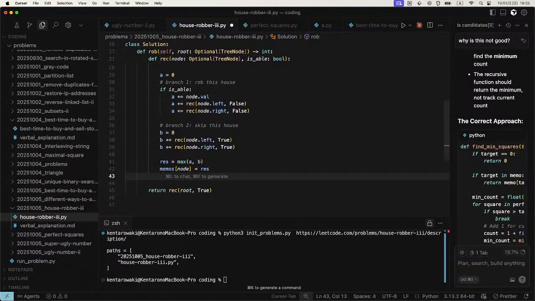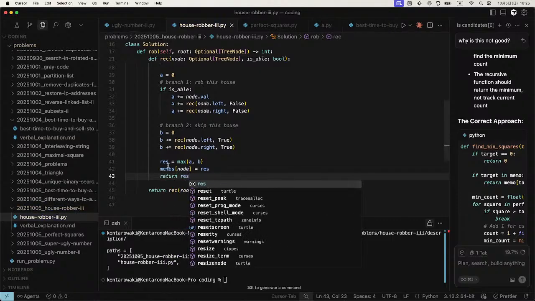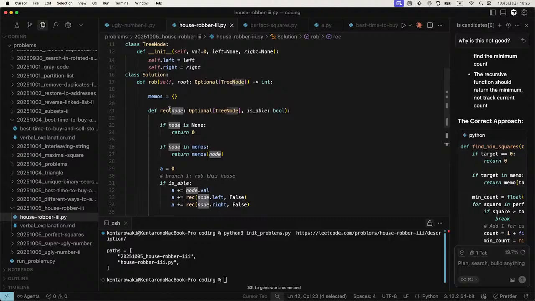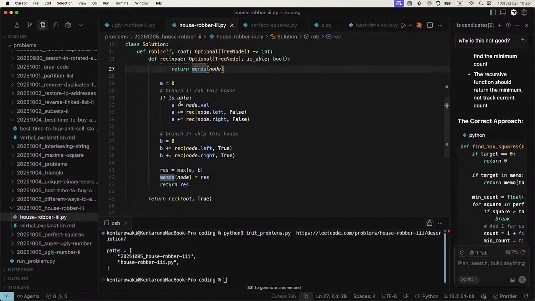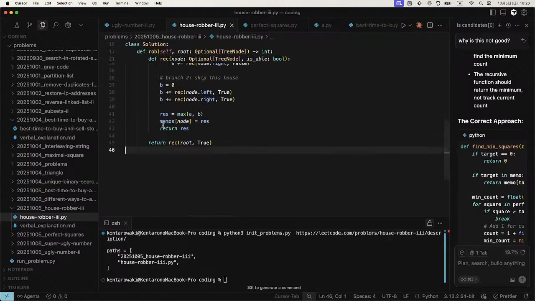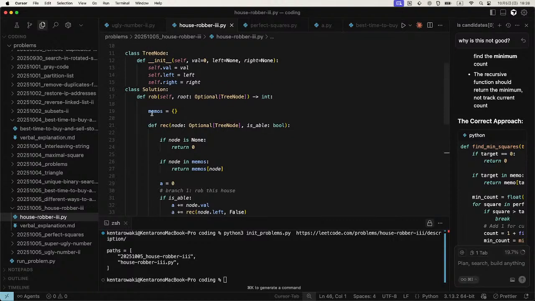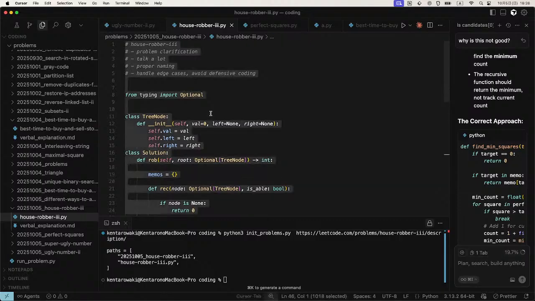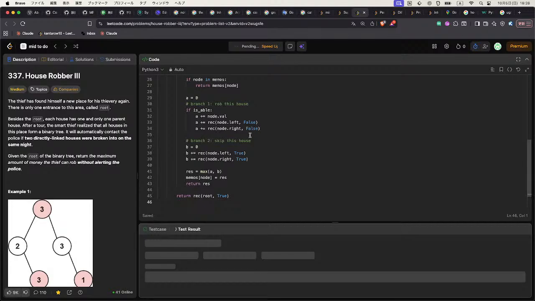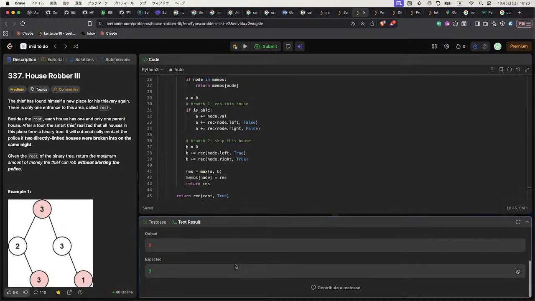Is this possible? I don't know. This is a tree node, it must be hashable to use the value as a key of the dict. But I don't know, so let me run it. Oh, it works.